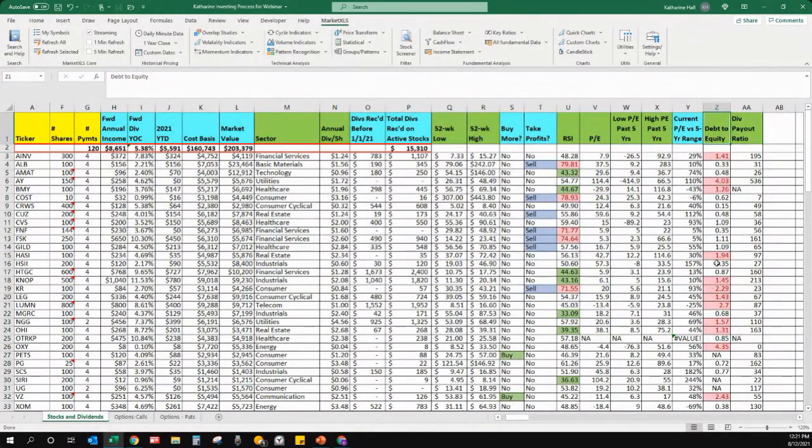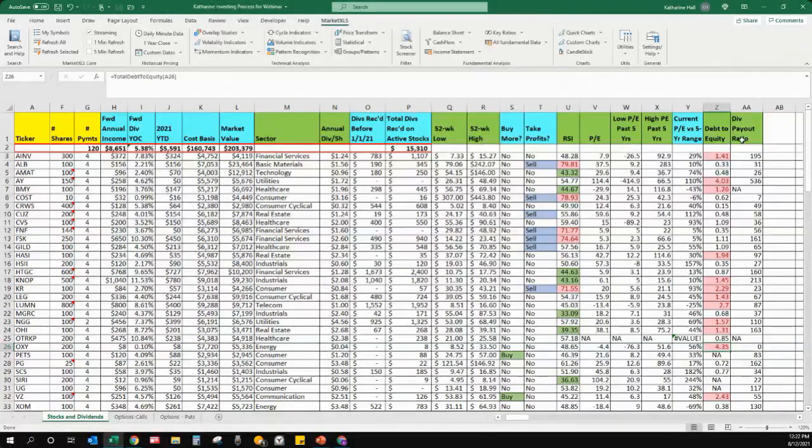So these that are like maybe Verizon with its 2.43, it's basically saying it has 2.43 times more debt than it does equity, I believe is how that works. So that might get my attention to kind of keep an eye on that. Occidental Petroleum is in even worse shape. That's another story in and of itself, that one.